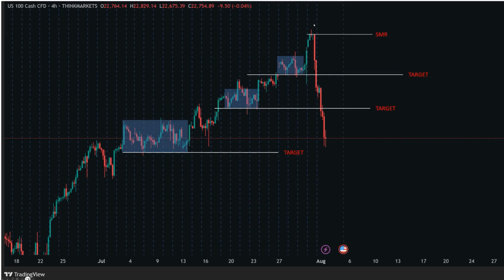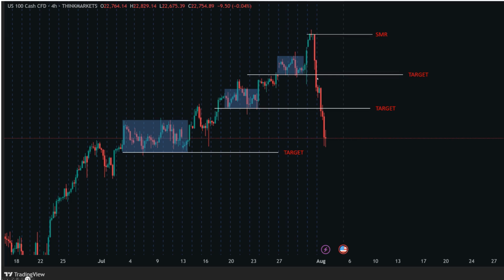Then you see price reject from up there. Then you see displacement. After these candles, displacement, this red, then you're looking to sell.